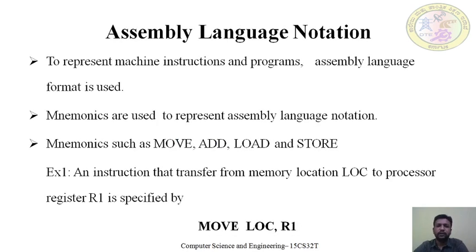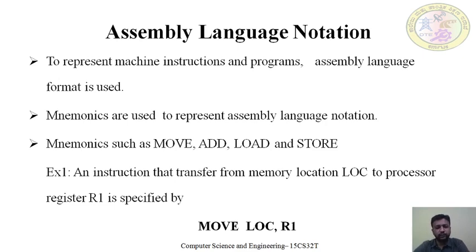Next is assembly language notation. In a computer, machine instructions and programs need to be represented in assembly language format. The computer stores the program or instructions in high level language as well as machine level language.